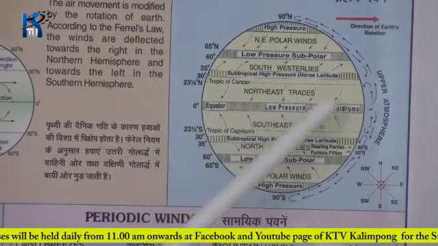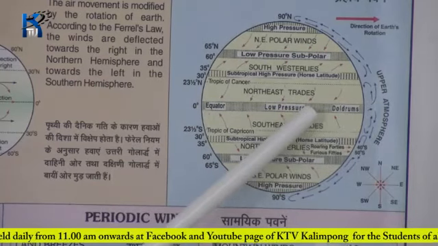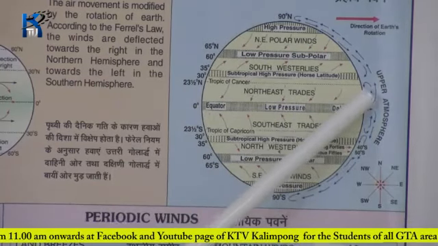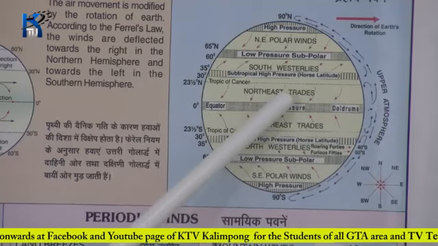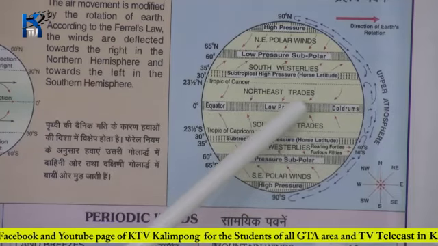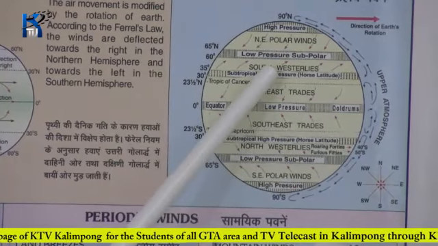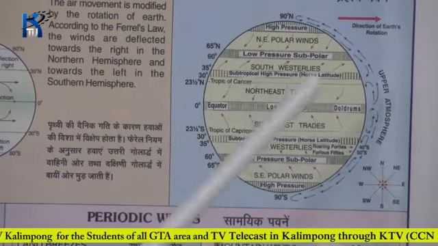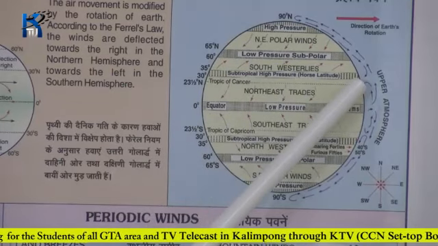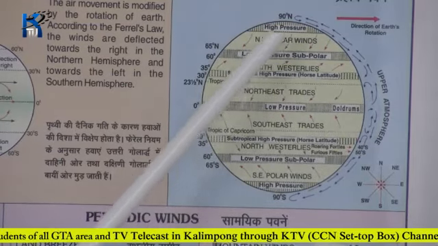This equatorial low pressure is also known as doldrums because of the absence of wind, and this is a region of calm. And another important thing, that is horse latitude. This subtropical high pressure belt is known as horse latitude.